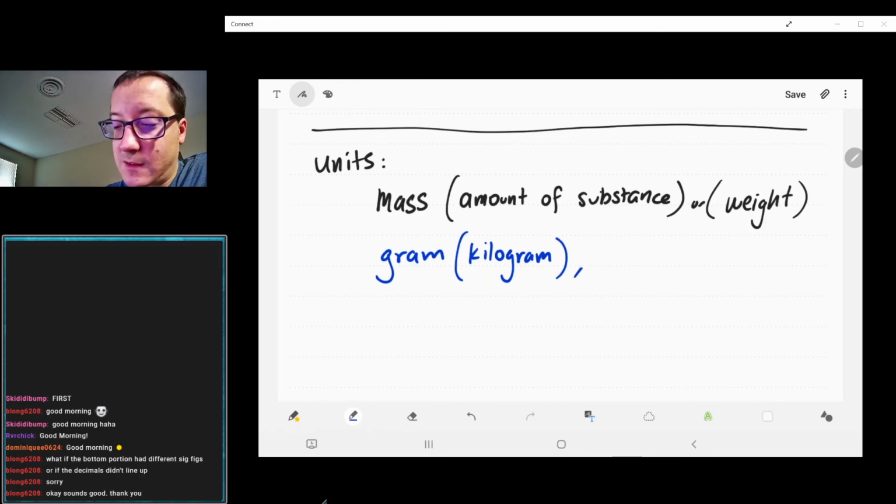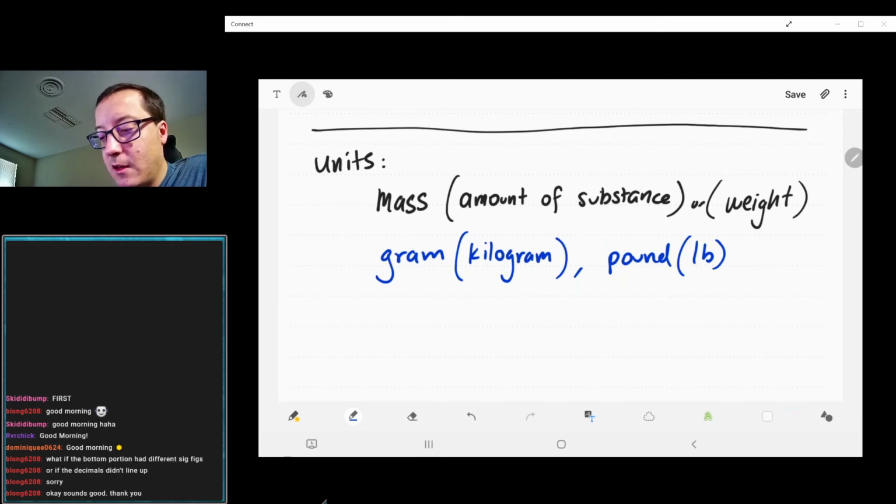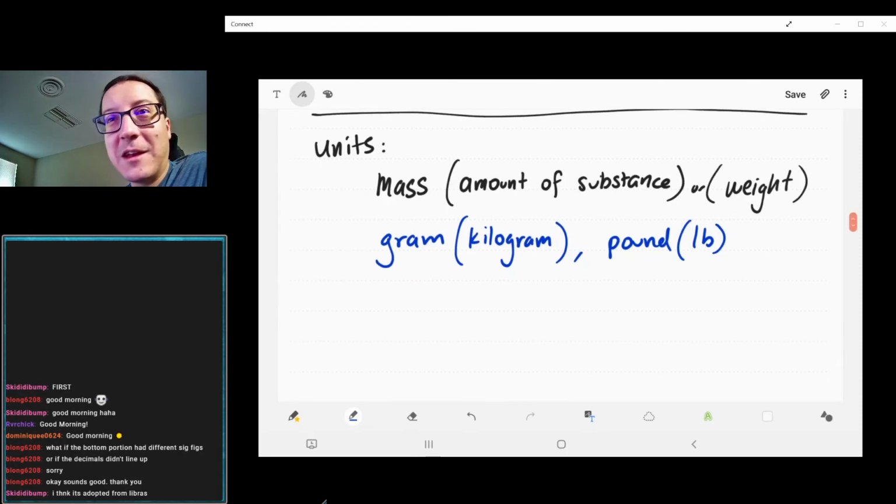For the US system, we have the pound, which is abbreviated LB for some reason, which is especially odd considering that neither L nor B are in the word pound. But go figure. We're going to see I pretty much am anti the US system or UK system. It's just bizarre.